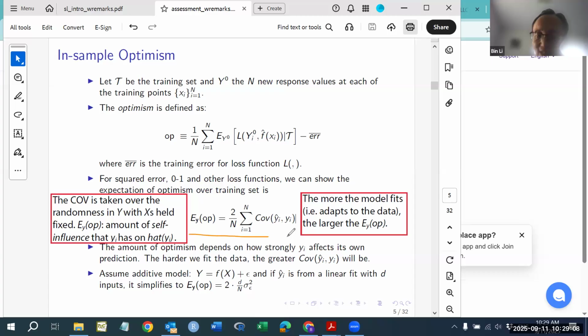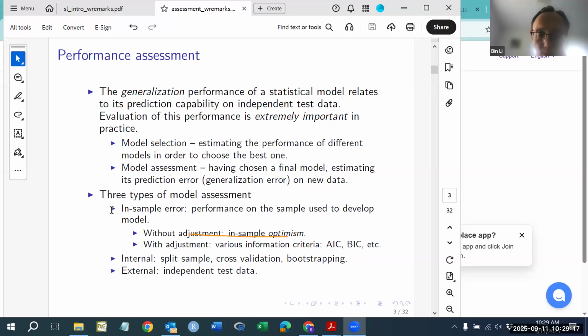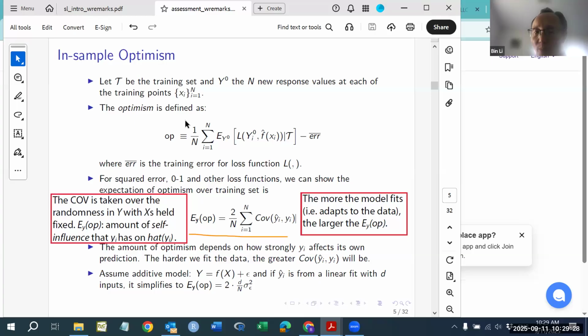Okay, after we get that, let's go back to the in-sample error approach. We are trying to optimize the performance on the sample used. So the in-sample approach is just trying to optimize the in-sample error.